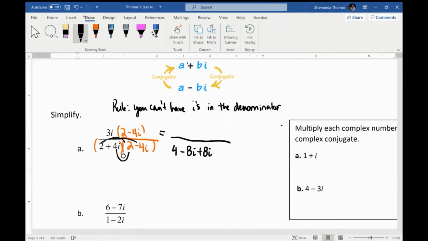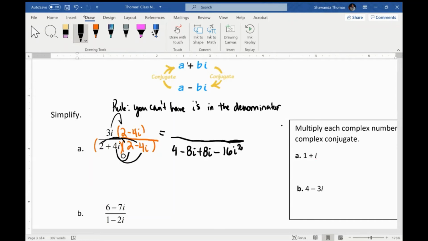And 4i times negative 4i is negative 16i squared. All right, let's go to the numerator now. We'll come back for the denominator.